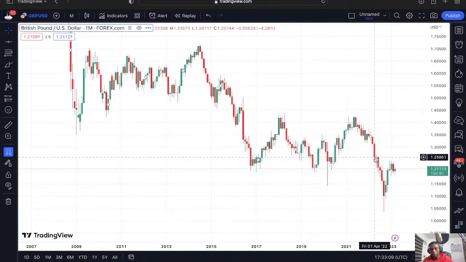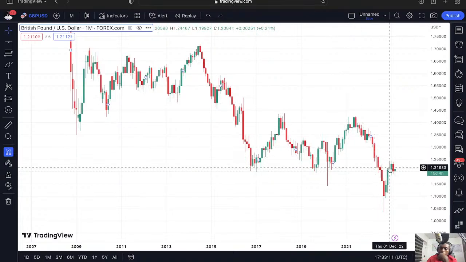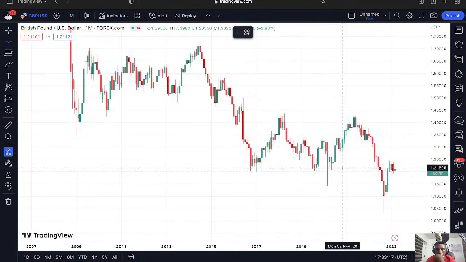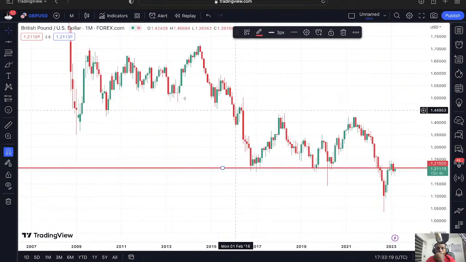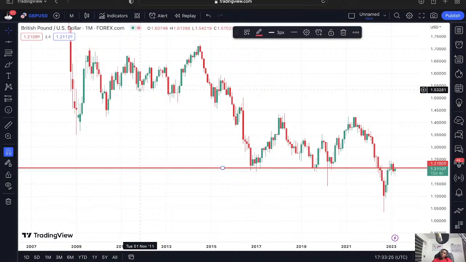Here we map out levels of support and resistance. Why are we doing that? In order for us to determine the areas that are driving demand and the areas that are driving supply.